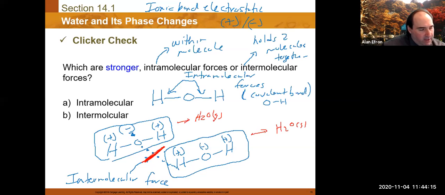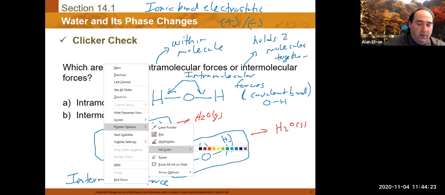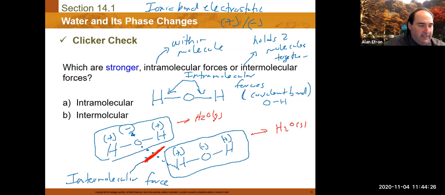We know that's what occurs when you heat water, because if the opposite was true and the intramolecular force was weaker, as you would start to heat the water, you would start breaking these bonds, which is probably not a good thing because that's going to generate hydrogen gas and oxygen gas. And if that did happen, I imagine if you're trying to make pasta, you probably want to get to the pasta part at that point, and bad things would happen.